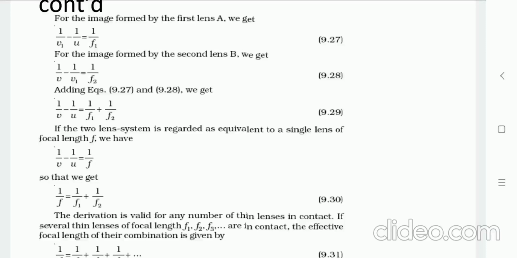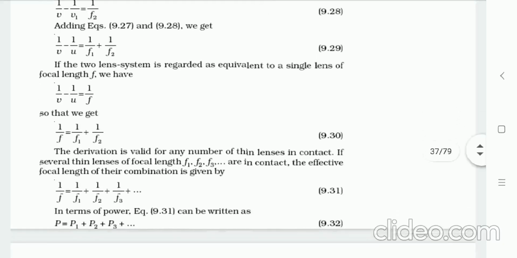And as we know, the power of a lens is P equal to 1 by F. So we can write this equation in terms of power: P equal to P1 plus P2 plus P3.